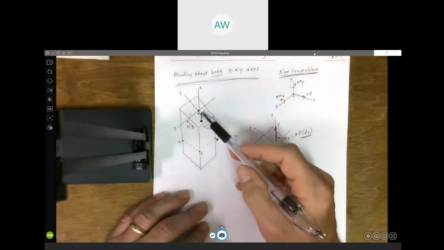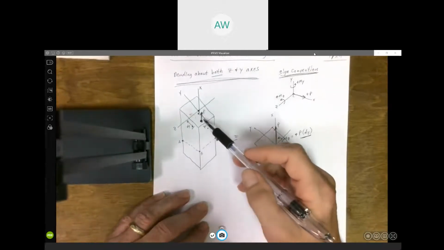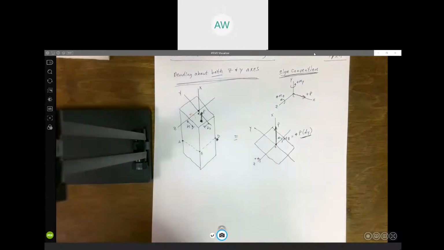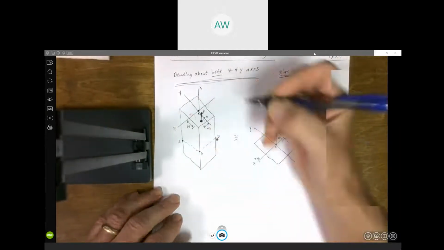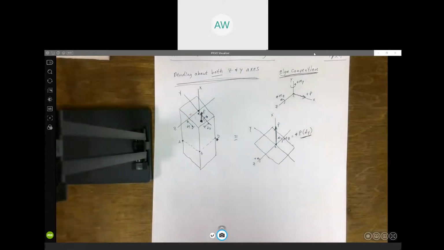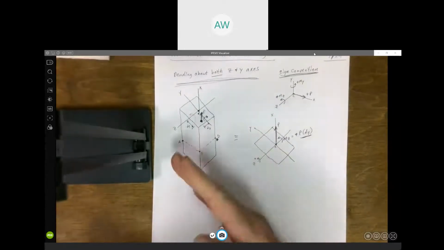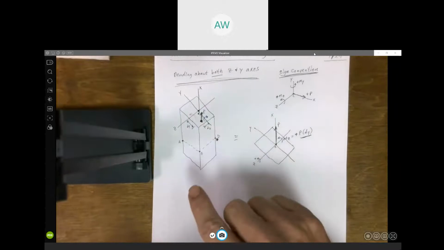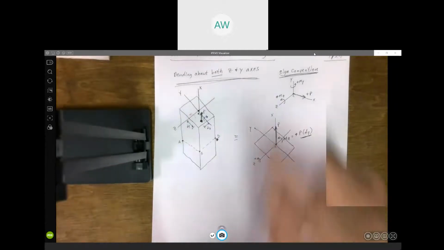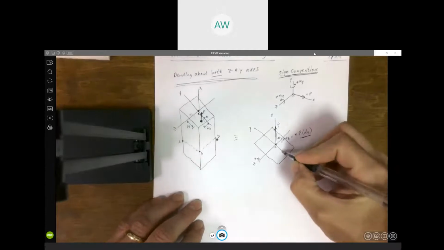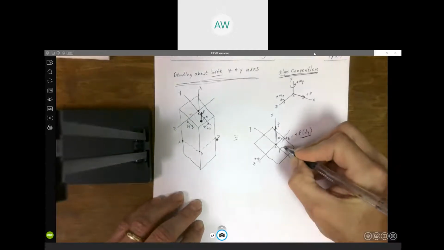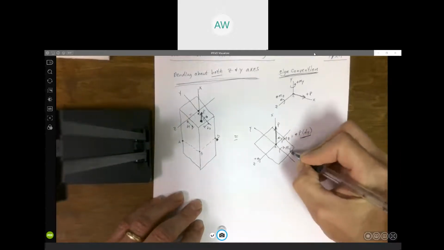Whereas if we look at this force applied at that point shown there, it's going to cause a moment in this direction, right, about the y-axis. If we're pulling up to the left of the y-axis, it's going to want to rotate that direction. So we're going to have a moment in this direction. We'll call it my.